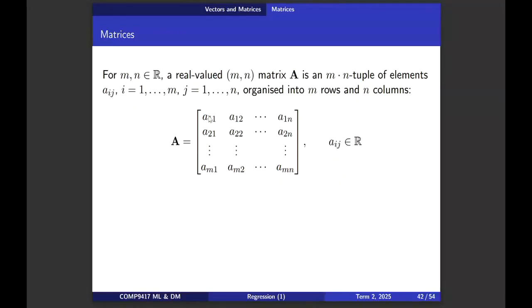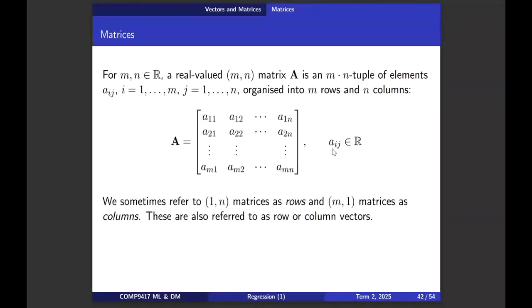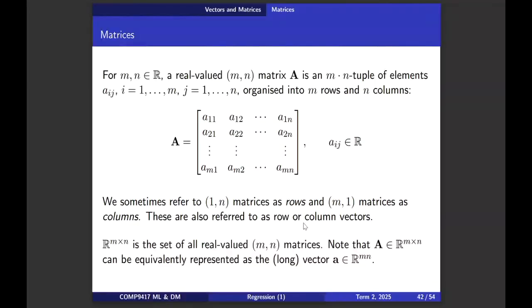Just on the notation, each component is in R, and the whole matrix is an element of this space, R^(m×n).